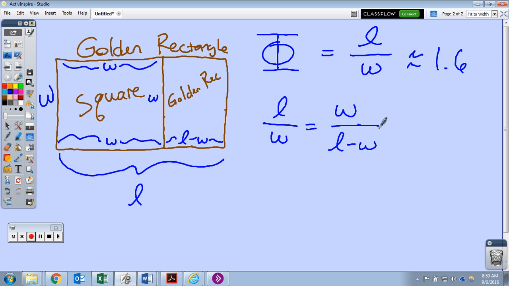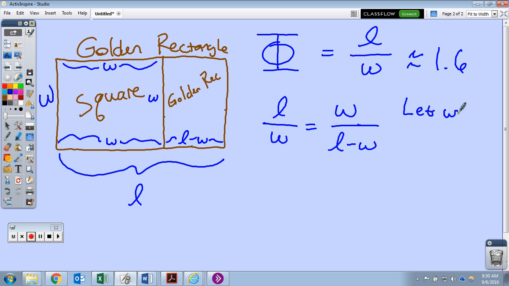Okay. If I want to know what the ratio is, couldn't I let W be 1? Wouldn't you agree you could basically let W be 1 to figure out what L would be? So let's do that.